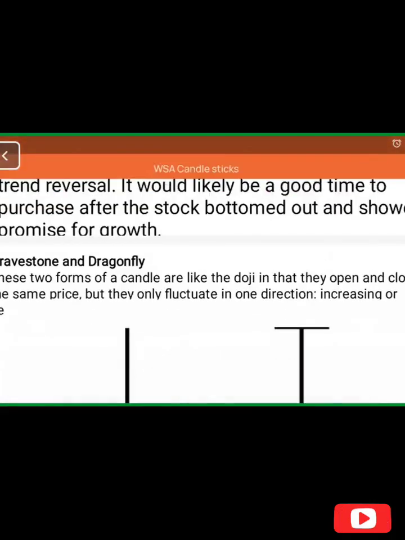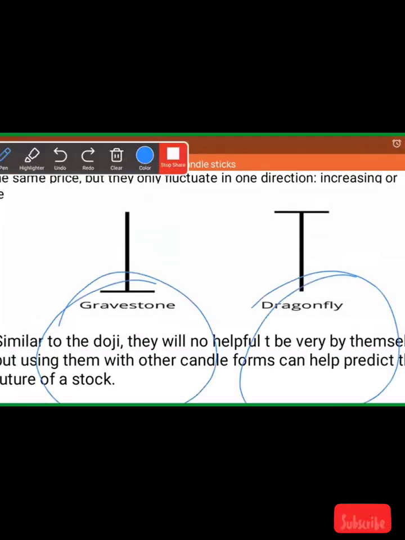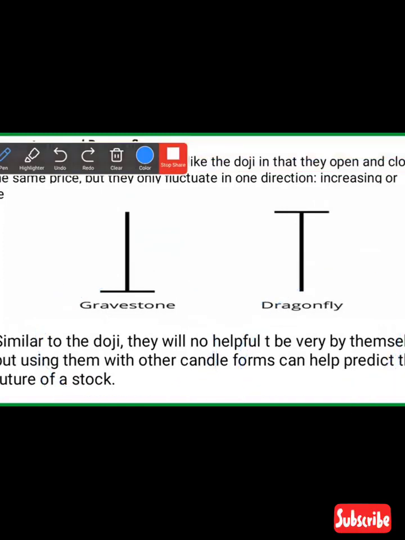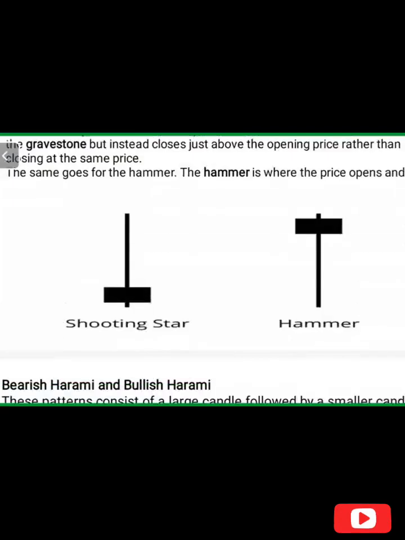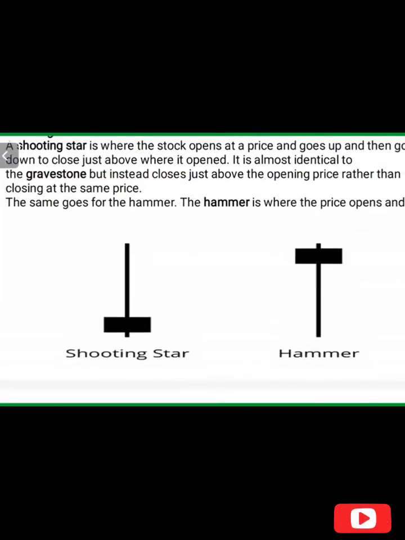You see how tiny, when it comes to gravestone, you see how tiny this opening and closing is. This tells you that the same place that price opens is the same place price came back to close. Okay. So now look at this shooting star and hammer. I wish I can have both of them in, okay, let me go into this portrait mode so that I will show you something.